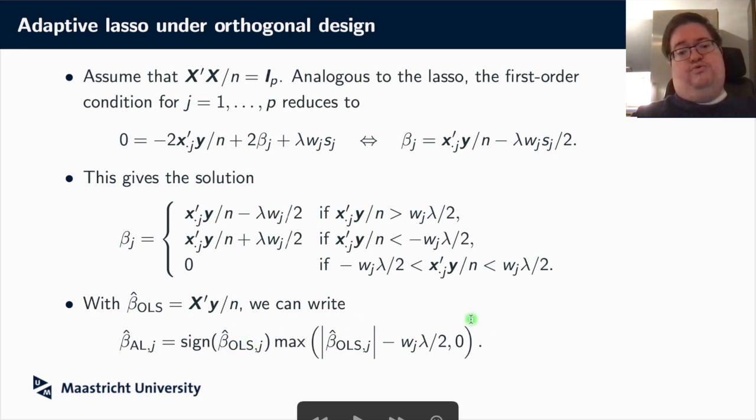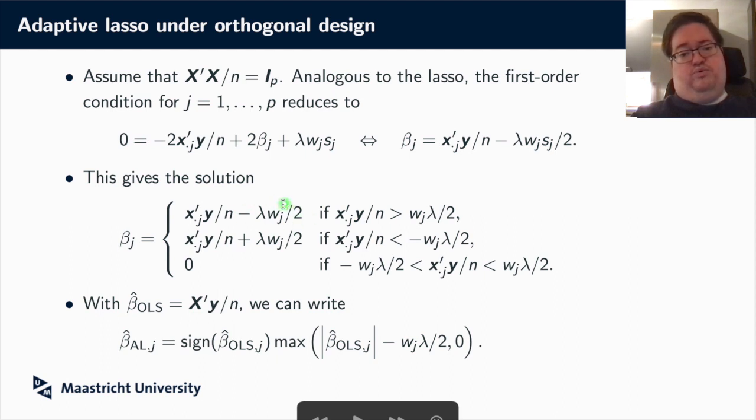So, the least squares estimator for element j is just xj prime y. If that is not far enough away from 0, given by this condition, we'll set our estimator equal to 0. If it is far enough away, we don't set it equal to 0, but we do move it towards 0.